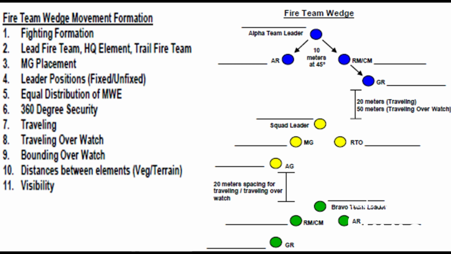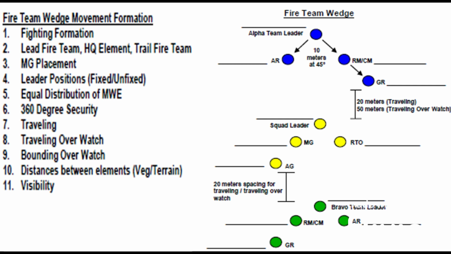To the rifleman's right is the grenadier. These guys are separated by 10 meters at a 45-degree angle. Even though this graphic shows that the automatic rifleman is on the left and the 2 others are on the right, this can change depending on the situation.